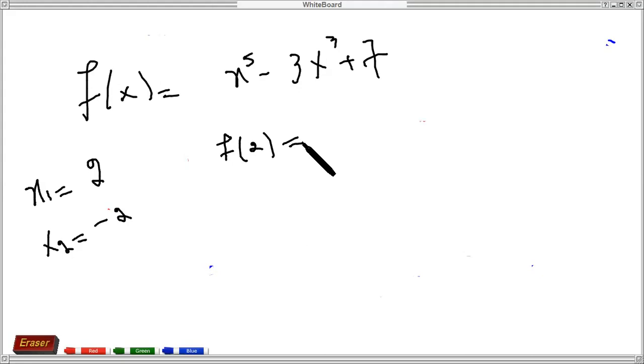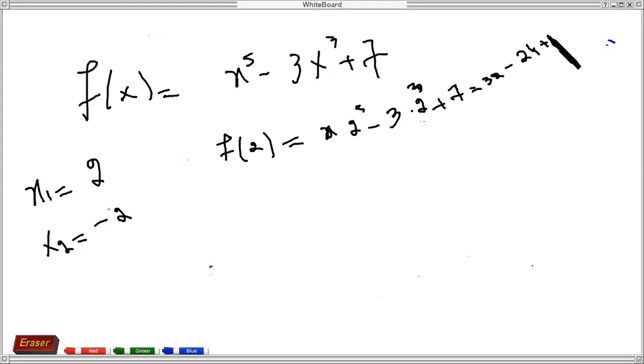So x power 5, it means 2 power 5 minus 3 into 2 power 3, plus 7. 2 power 5 is 32, minus, 2 power 3 is 8. 8 multiplied with 3 equals 24, and last one we have 7.